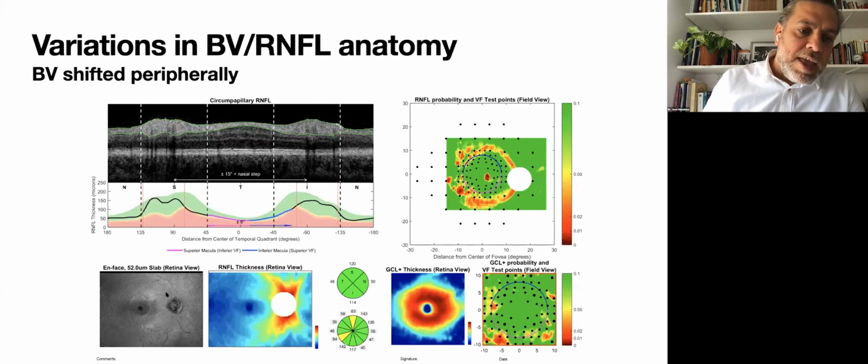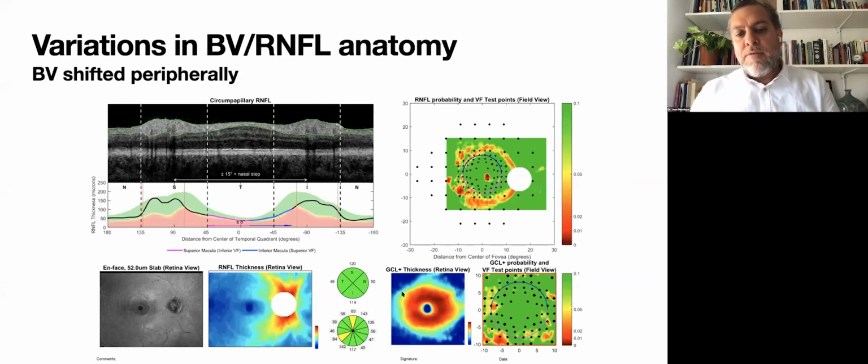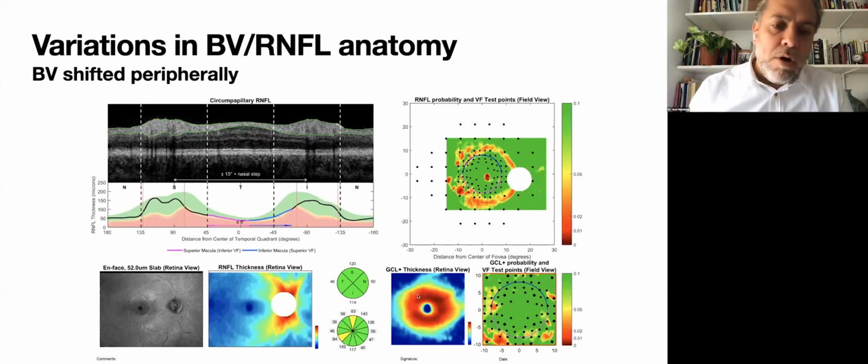But when we see the en face image, there is no arcuate-like defect, nor on the RNFL topographic thickness. This looks like the normal characteristics. And here, the GCL classic donut also looks perfect.